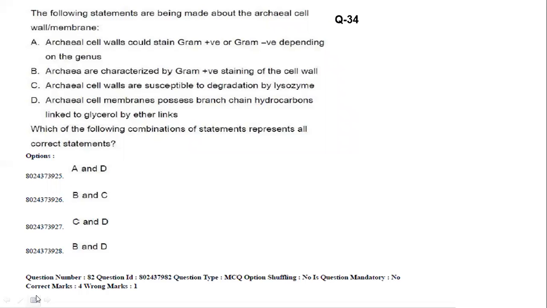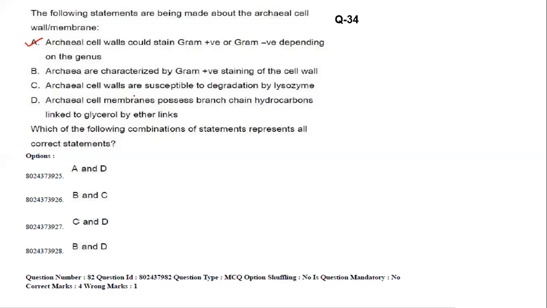And so first see that archaeal cell wall contain and could stain gram positive and gram negative depending on the genus. Okay, these are correct, depending on the genus.